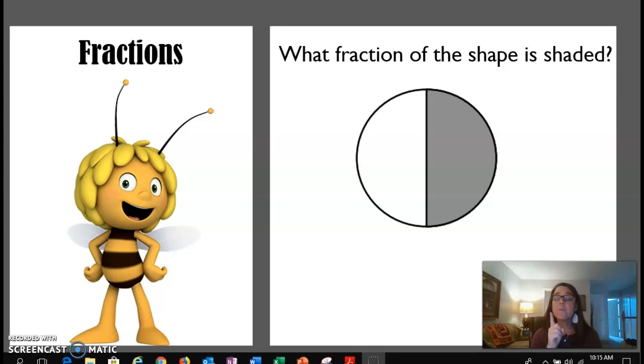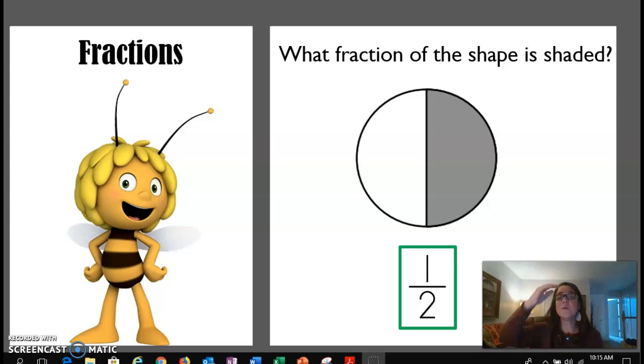So you look at the part that is shaded, and then you look at how many parts there are in the whole thing. So we have one part shaded out of two parts all together. One part shaded, the part goes on the top, out of two all together.